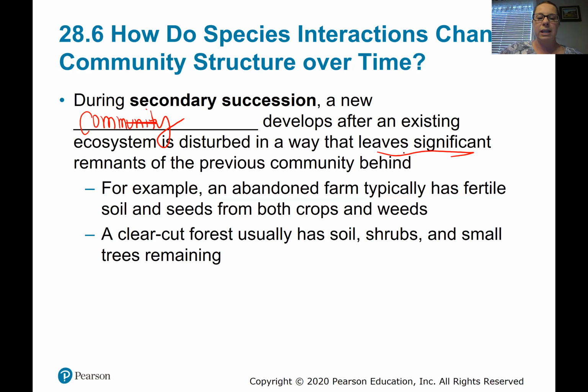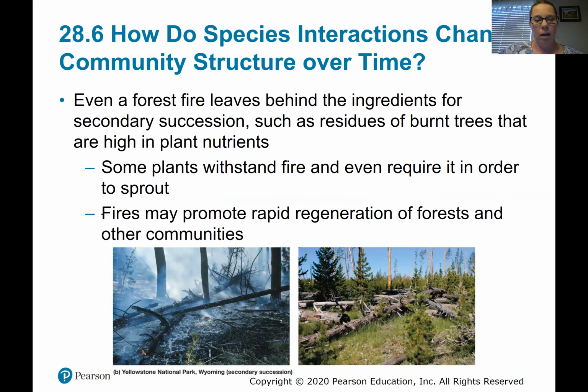It may leave some seeds behind, the soil will be left behind, those types of things. So forest fires, you know, that might be something that goes through. There's still going to be remnants of trees that have burned. There are going to be seeds there and so forth. And so some of the plants will be able to withstand the fire.